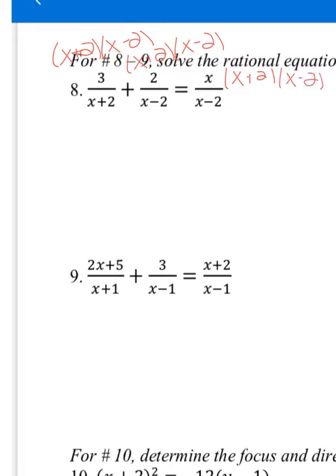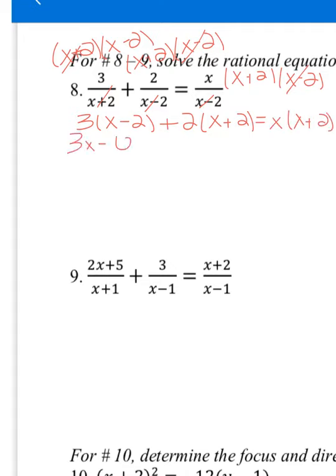Okay, in my first fraction, the x plus 2's cancel. I am left with 3 times x minus 2 plus, here x minus 2's cancel, I'm left with 2 times x plus 2 equals, x minus 2 cancels, x times x plus 2. So this is 3x minus 6 plus 2x plus 4 equals x squared plus 2x.